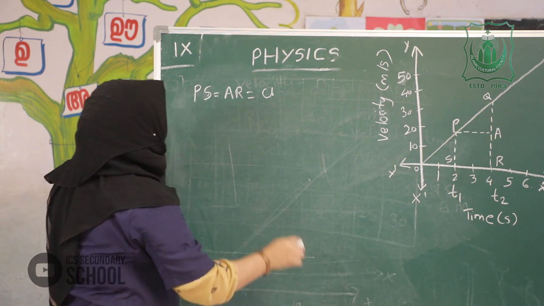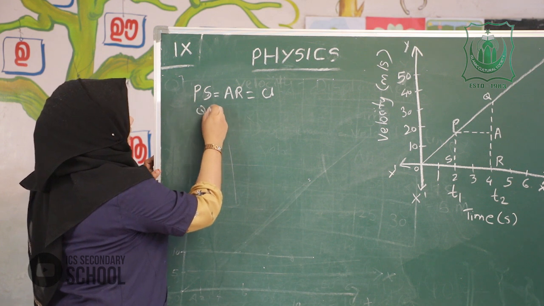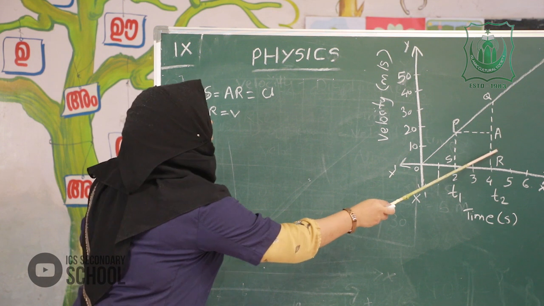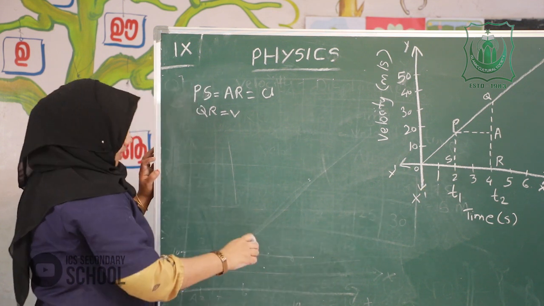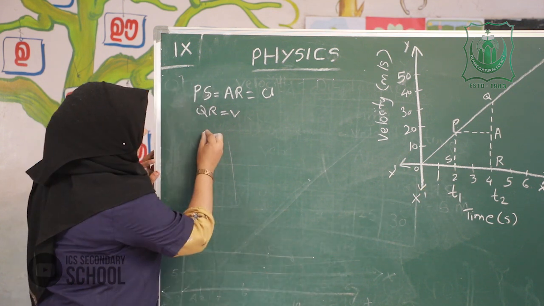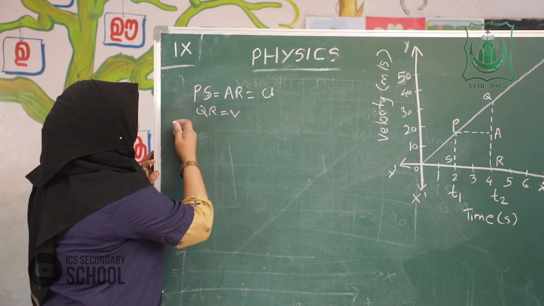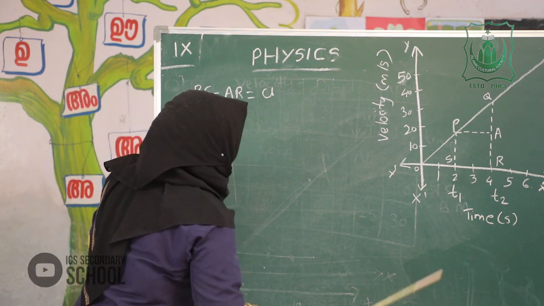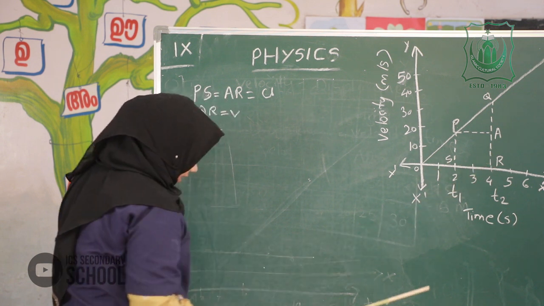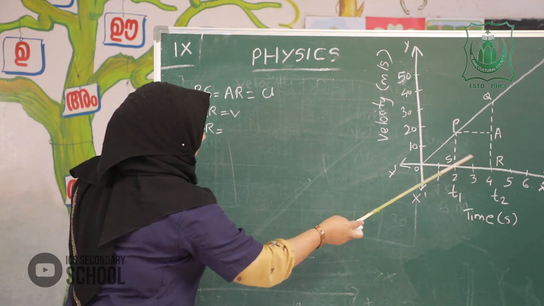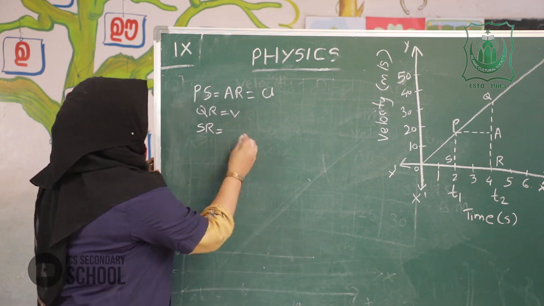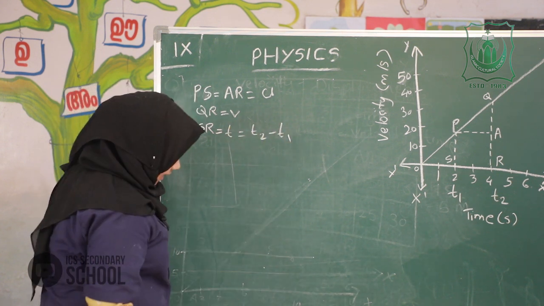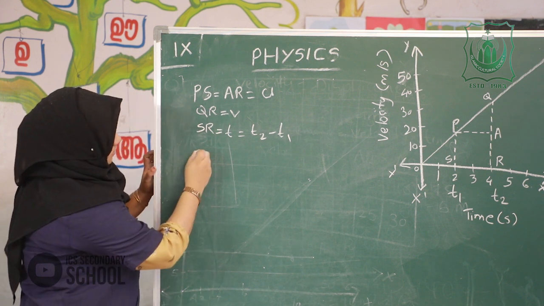It is the final velocity. So PS is equal to AR is equal to u, and QR is equal to v. Then what is SR? We know that SR is equal to time, that is t2 minus t1.